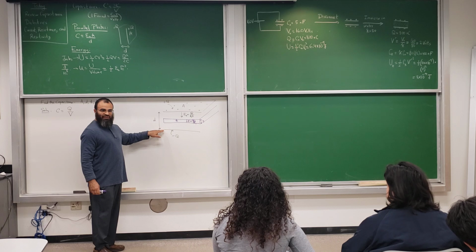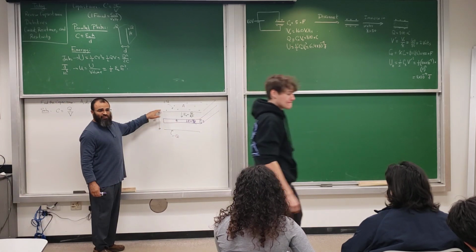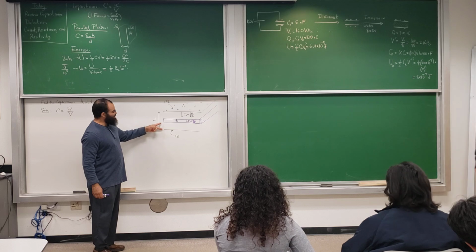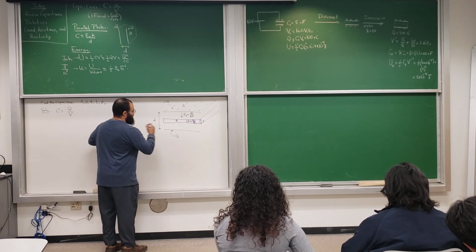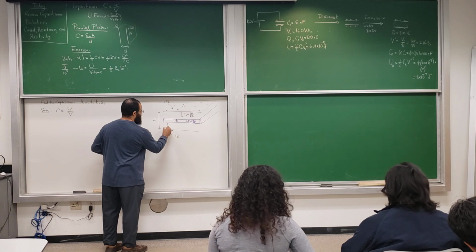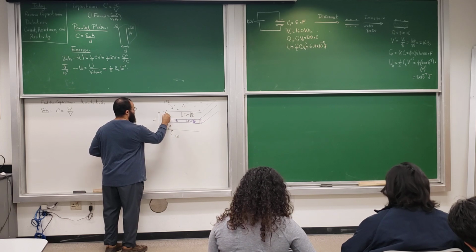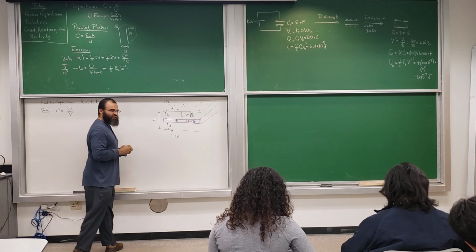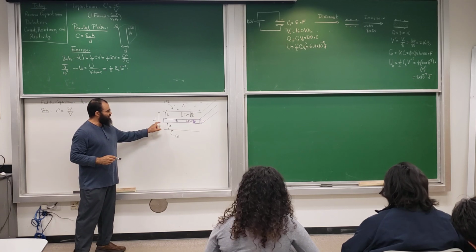Zero, right? The negative plate is the zero. And then we want to find the potential at the positive plate. So what's the change in potential in going from here to here? Let's name this distance A, and then from here to here, let's name it B, just as an intermediate step.